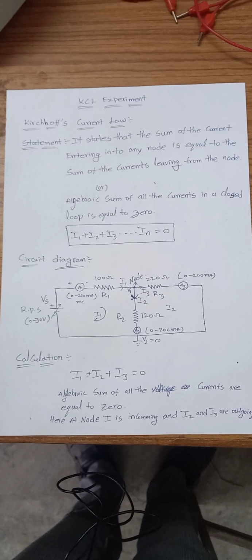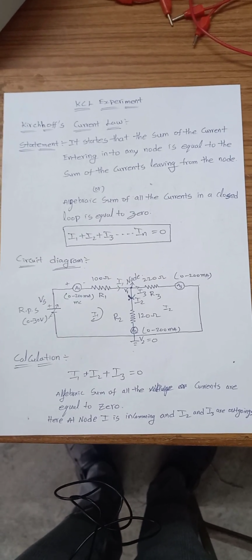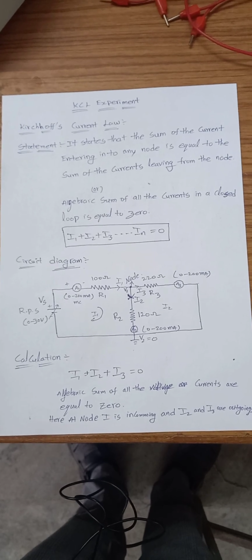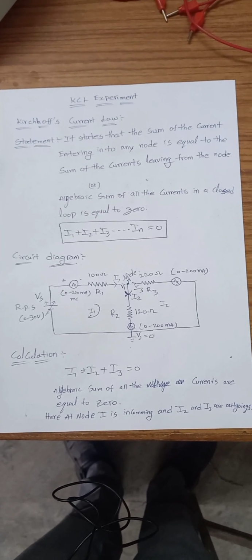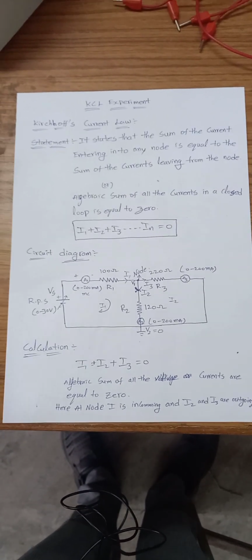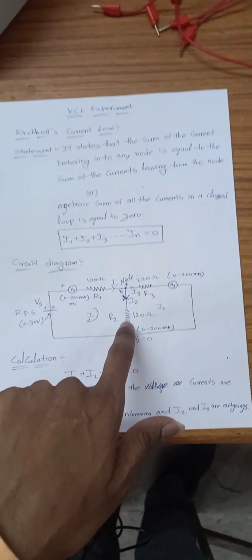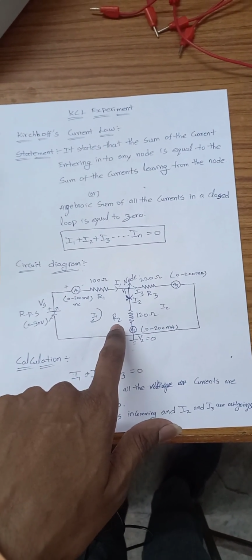We can prove that I1 plus I2 plus I3 equal to 0, or otherwise I1 equal to I2 plus I3 value. Okay. So in our kit we have this type of circuit.